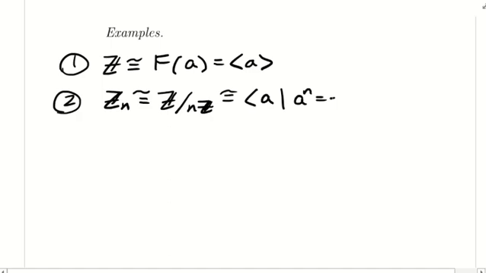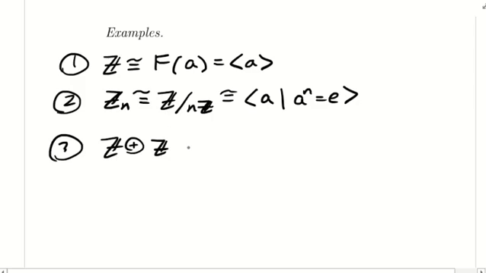Right? What about external direct product of Z's? Well, this has two generators, right? But it's not the free group, right?